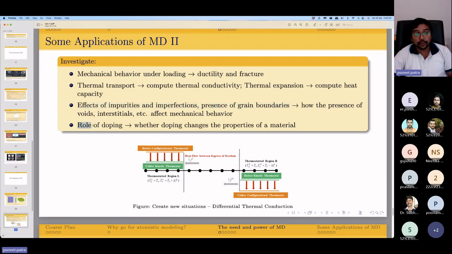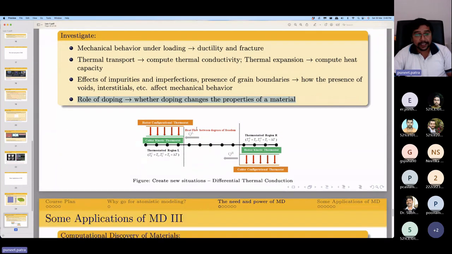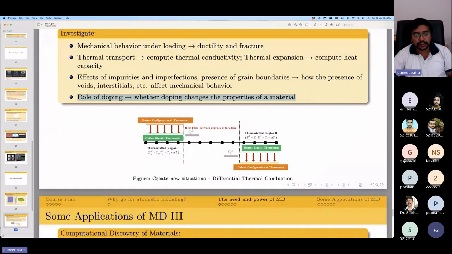You can understand the role of doping, as to how doping a material with a different material changes the property of the host material. You can create some very interesting new situations for studying different kinds of problems. One of them is the differential thermal conduction problem, which I studied long time back during my PhD days.